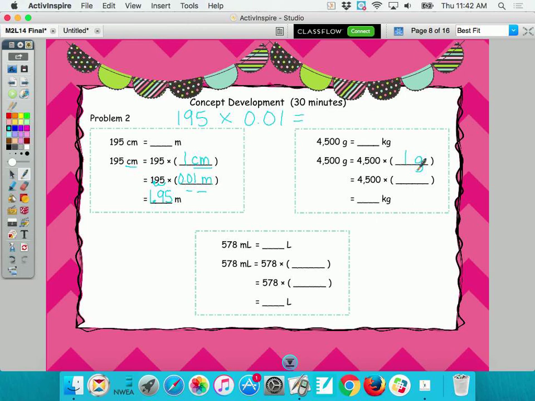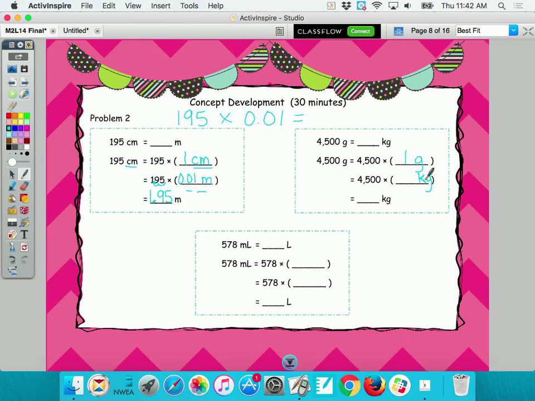How many grams are in a kilogram? 1,000, right? So if 1 gram's the tiny one, I'm going to have less than 1 to figure out how many kilograms.